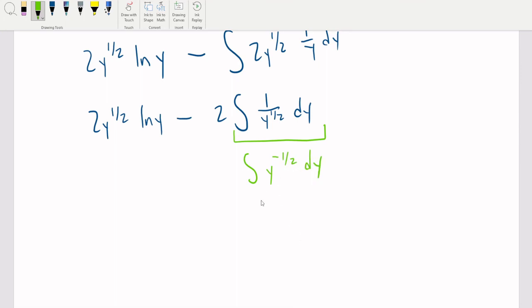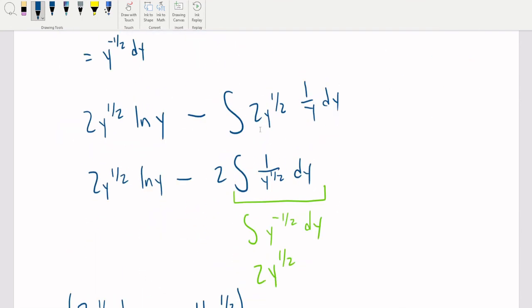Okay, add 1, divide. We already did this one though, don't forget. Okay, so then let's put it all together. 2y to the 1/2 ln y minus, so 2 times this, 4y to the 1/2, and then we've got to do all of this from 4 to 9.